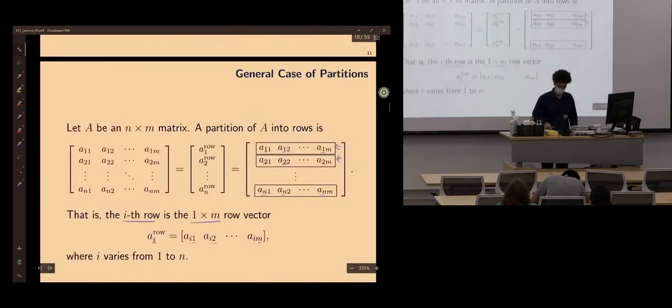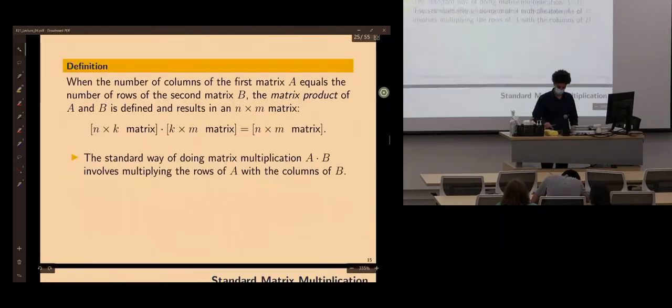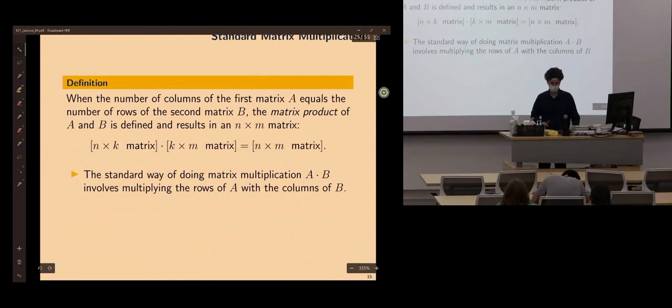Now, the matrix multiplication is telling us that the standard way of doing matrix multiplication, A times B, involves multiplying rows of A with columns of B. Now, if that's the case, A must have the same number of elements in its columns, right?